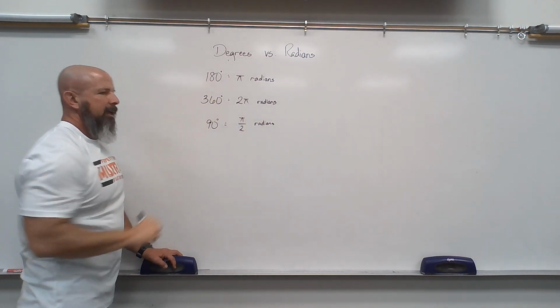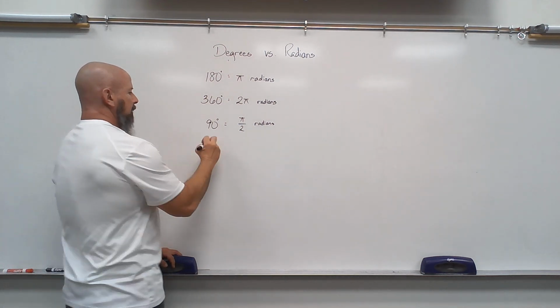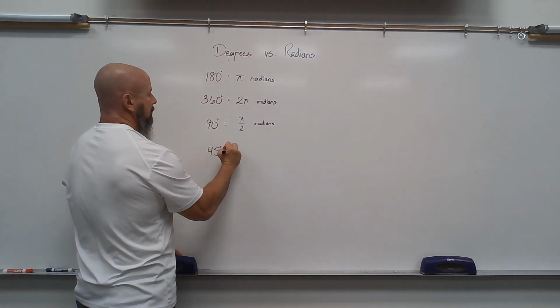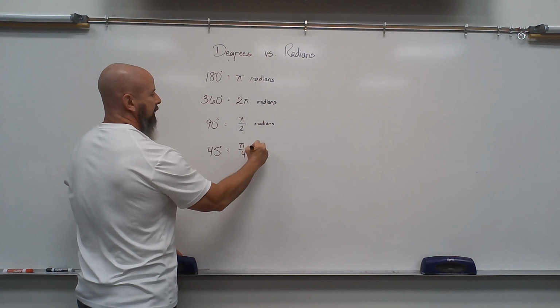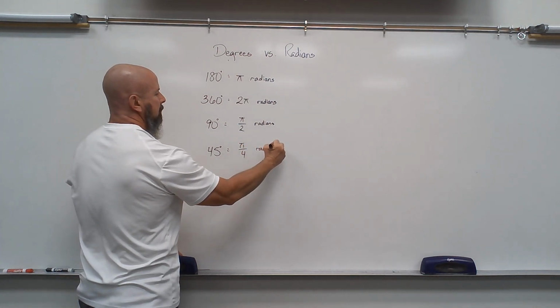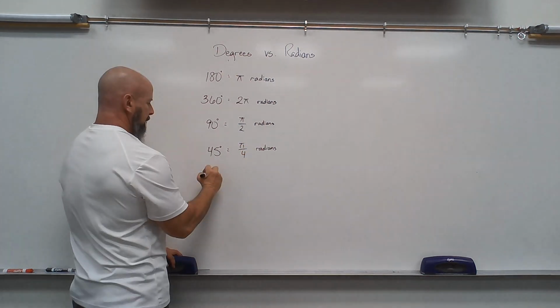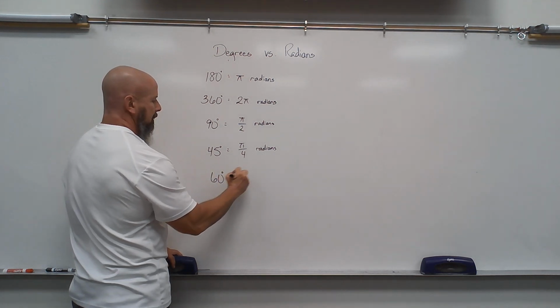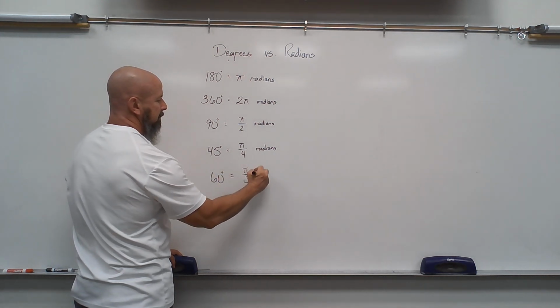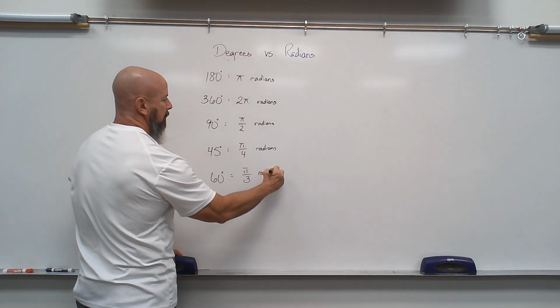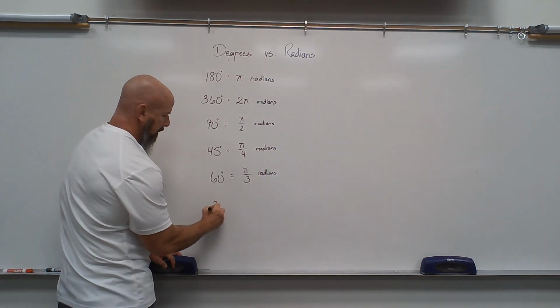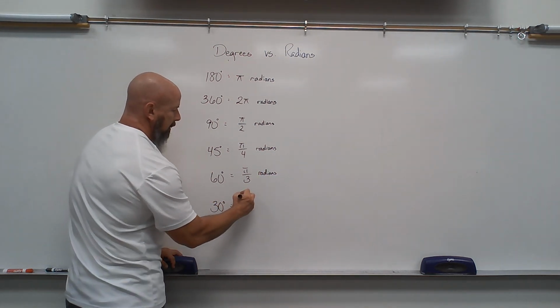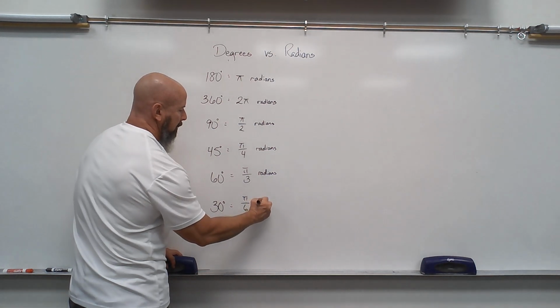So that's half of 180. 45 would be pi fourths radians. 60 is pi thirds radians. And 30 is pi over 6 radians.